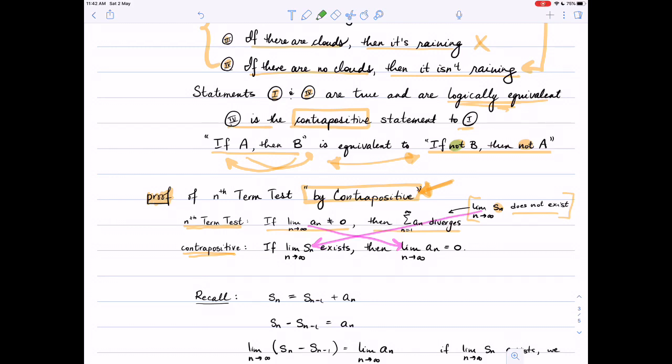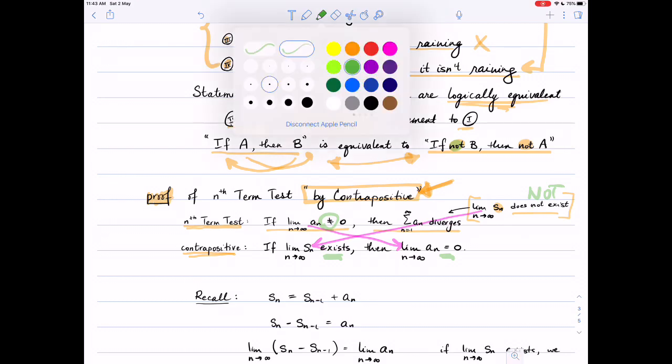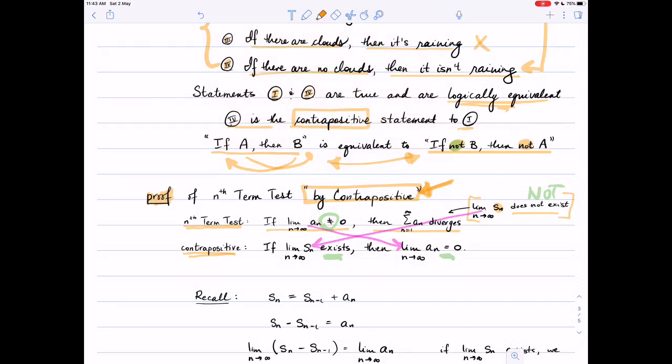So if I put not does not exist, well, not does not exist means to exist. And then if I have not equal to 0, well, not equal 0 is to equal 0. So there is the statement of the nth term test in its contrapositive form.